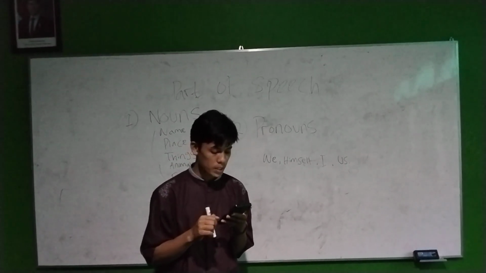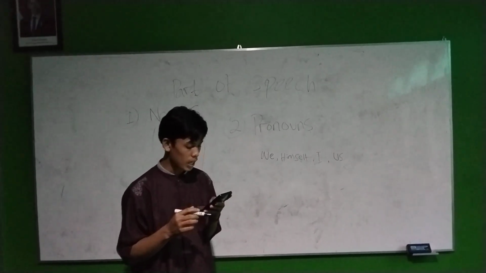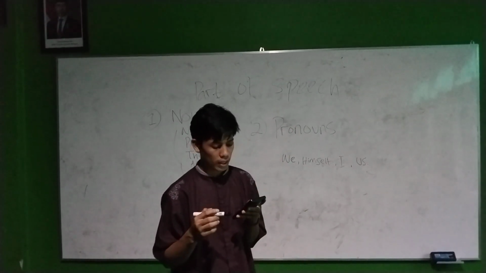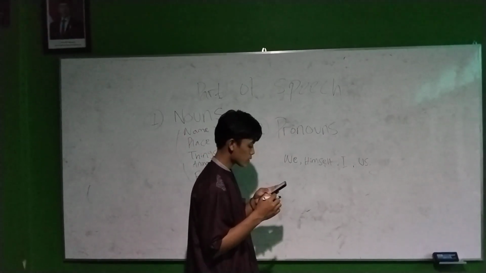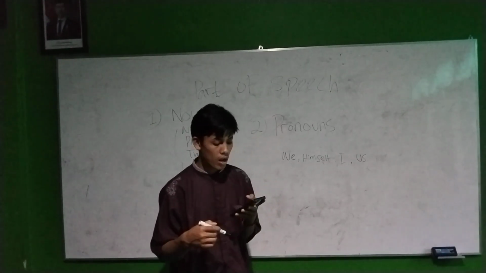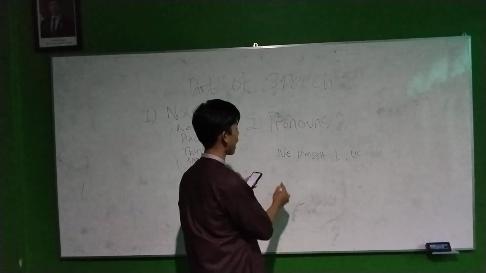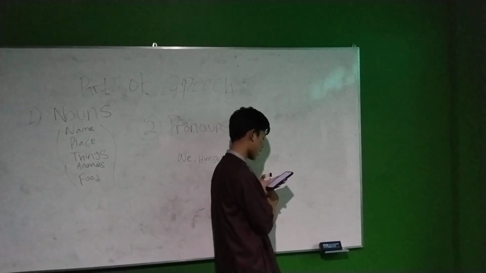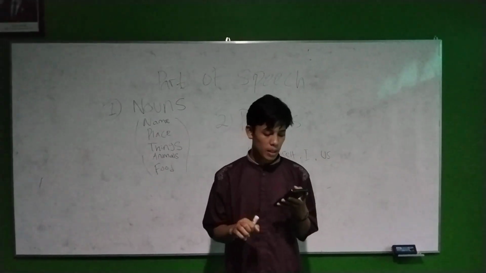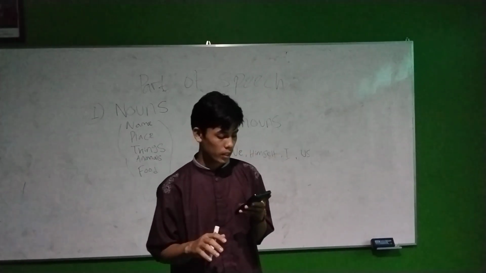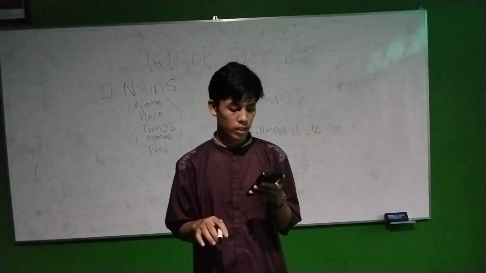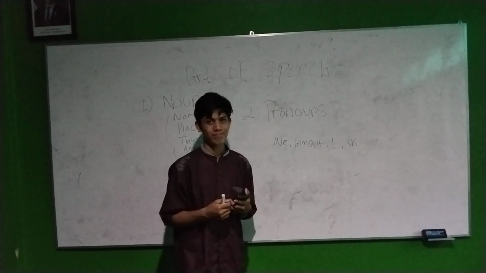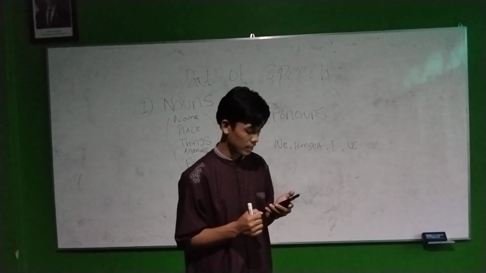Now we have several types of pronouns. I'm just going to go over and show you a couple of them so you get the idea. Pronouns include we, himself, I, us. Some of them act as subject pronouns. I do things. I run.